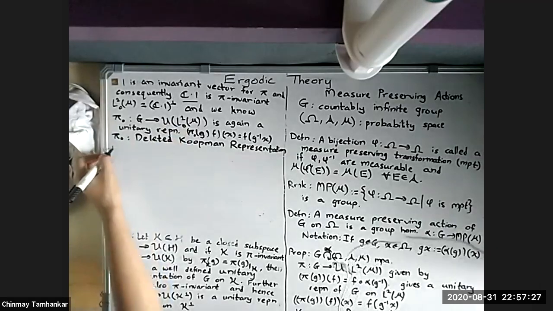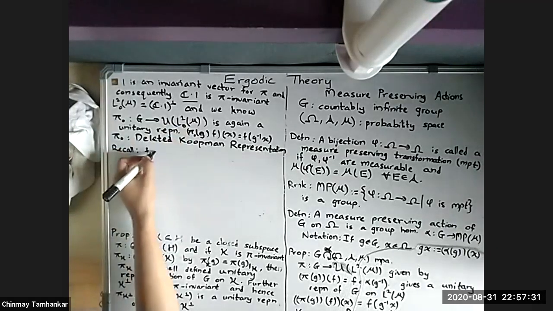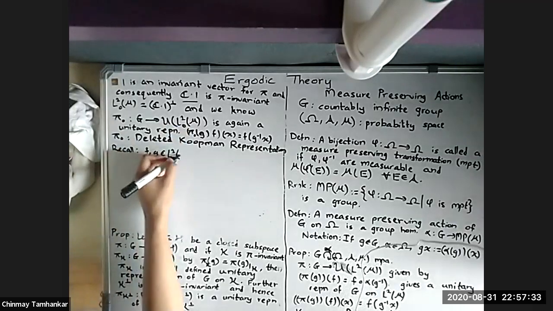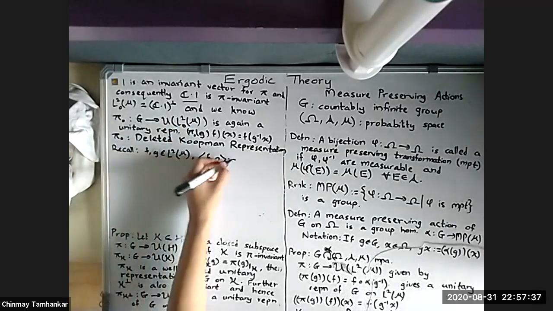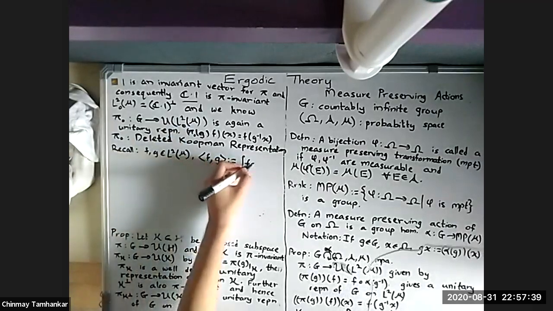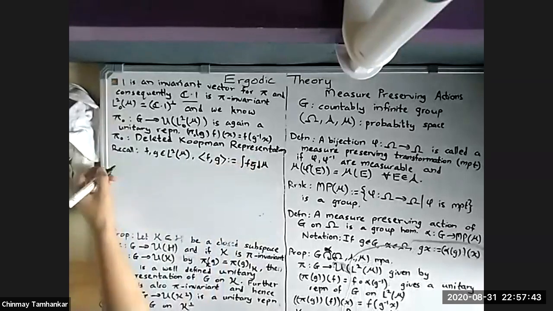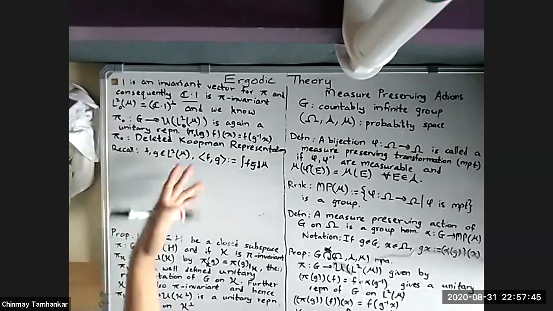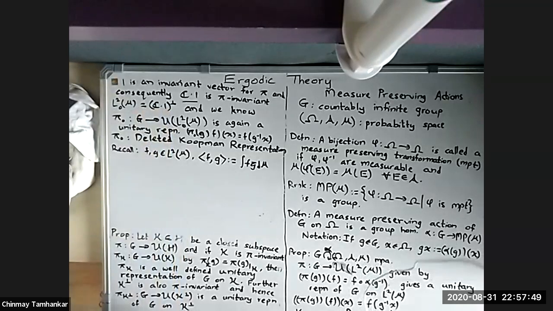Recall that for f and g in L2 mu, their inner product is defined as the integral of f g bar d mu. The perp of this space is just all the functions whose inner product with 1 is 0.